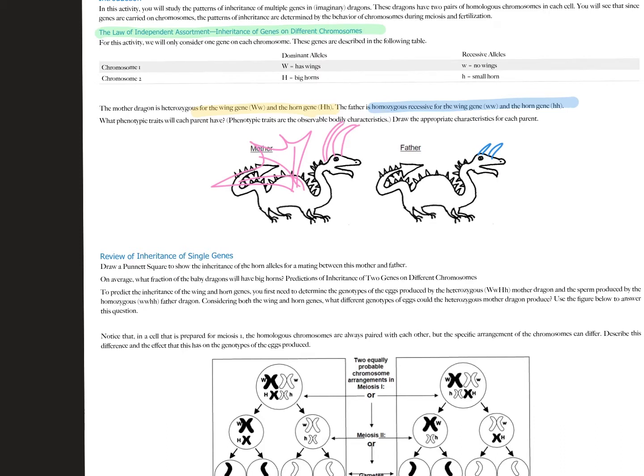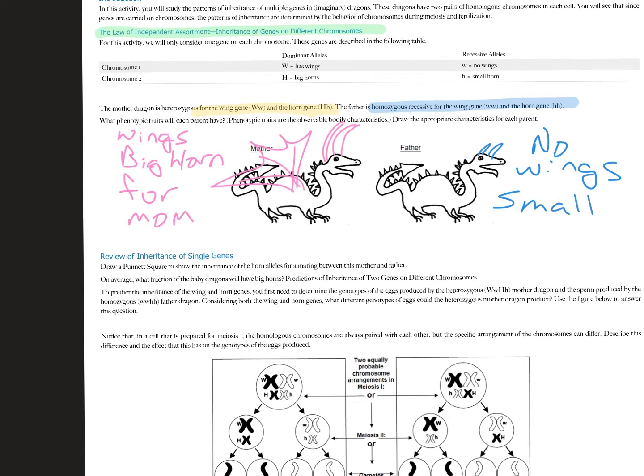I should write it just to be clear: wings, big horn for mom, and no wings, small horn for dad.